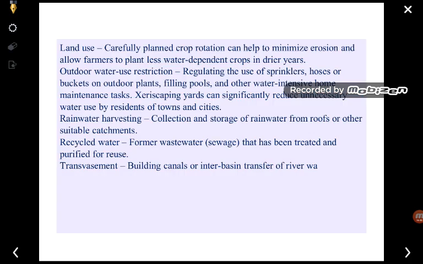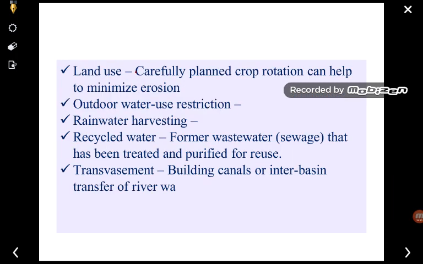Next can be land use. So carefully planned crop rotation can help to minimize the erosion. अगर हम carefully plan करने के बाद crop rotation की टेक्निक को यूज़ करें तो उससे क्या होगा? Soil erosion कम होगा.